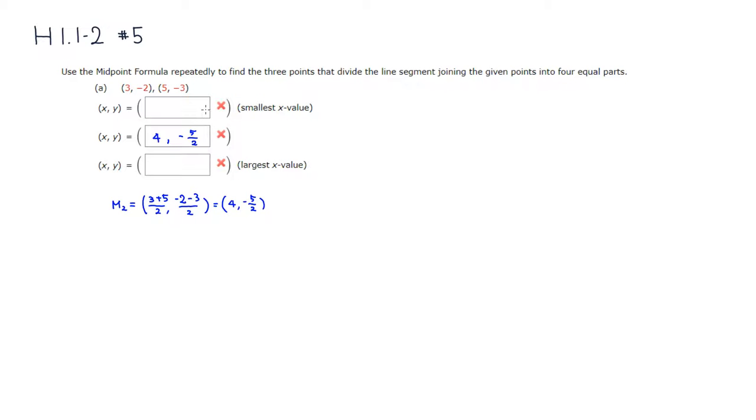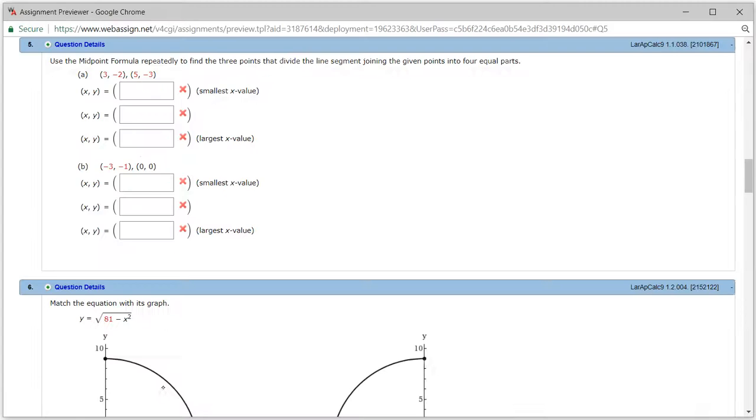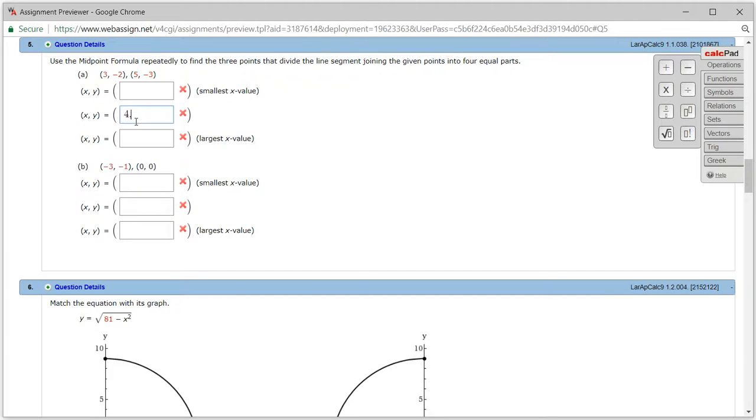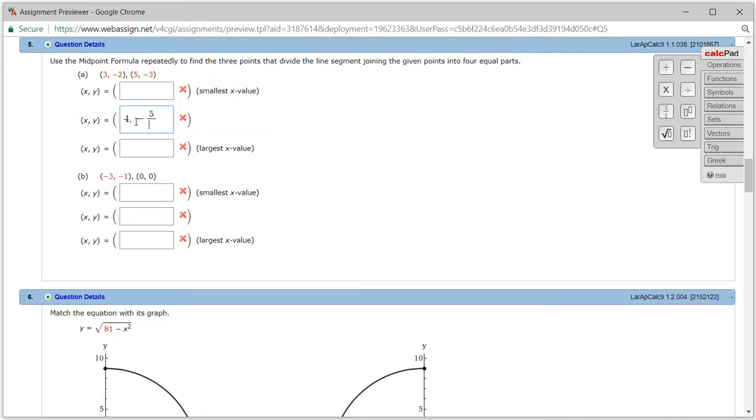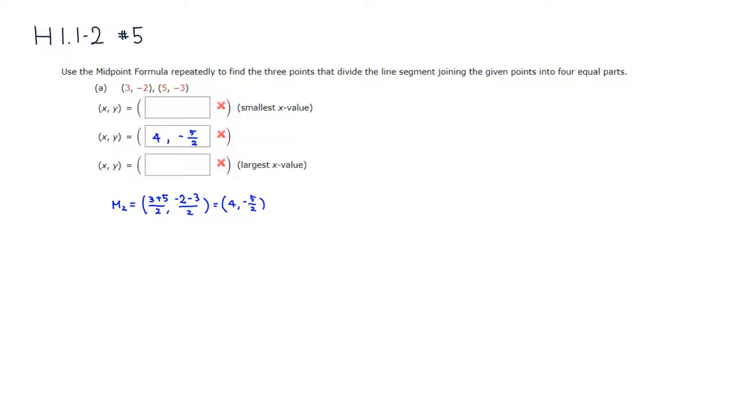I'm going to go ahead and type that in. So we got 4 comma negative 5 over 2. Now I'm going to find the midpoint between 3 comma negative 2 and 4 comma negative 5 over 2.